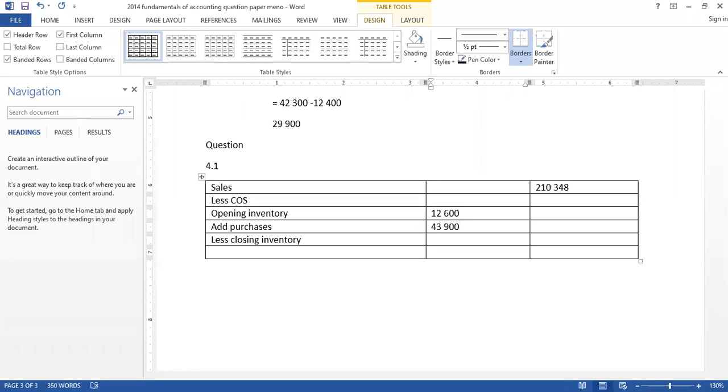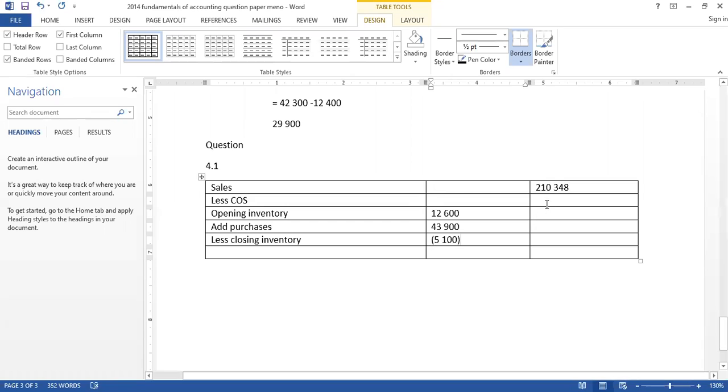And our closing inventory: bar inventories at 31 August 2013 were valued at 5,100, so we minus 5,100.